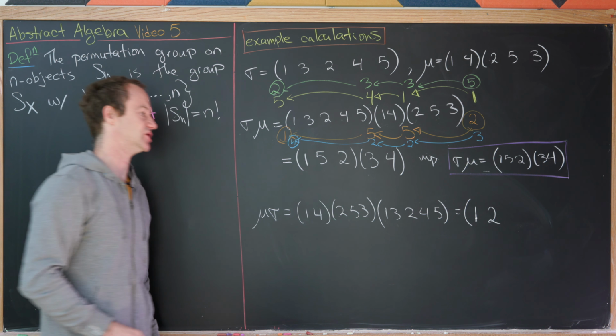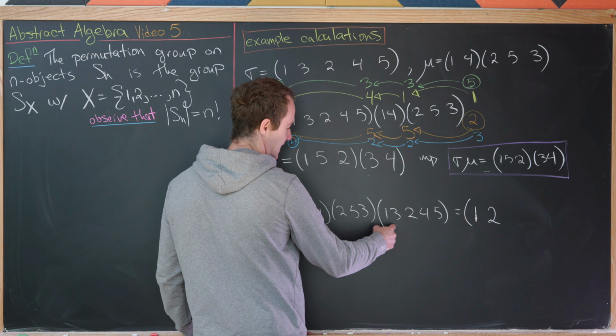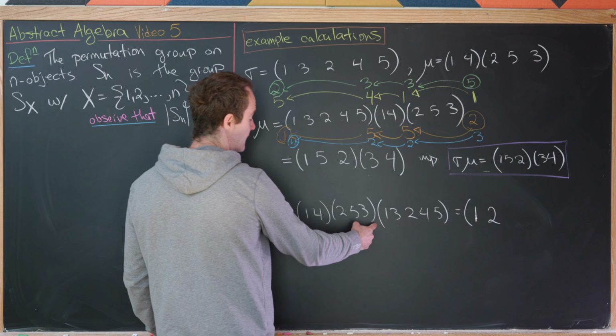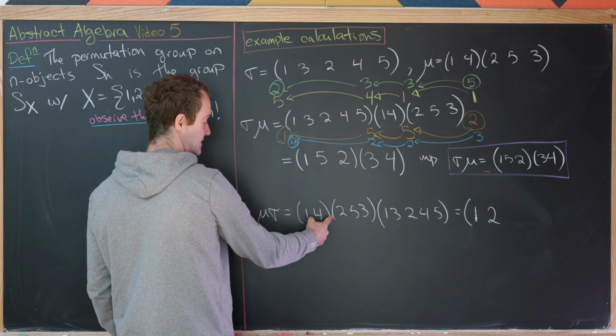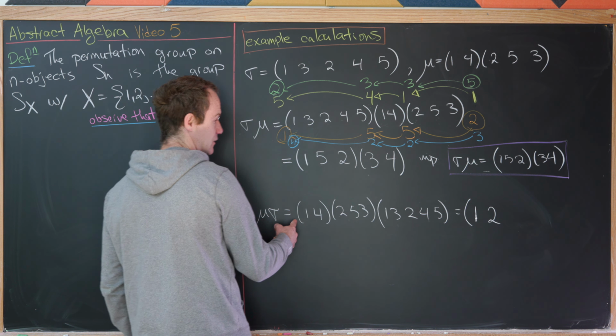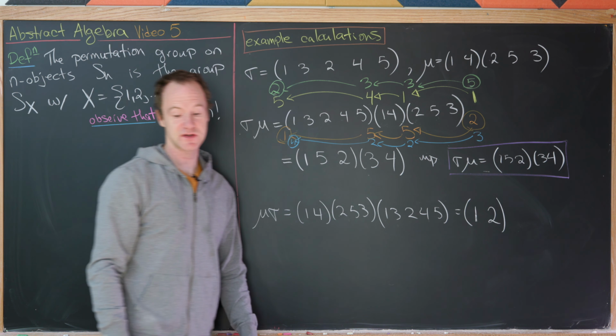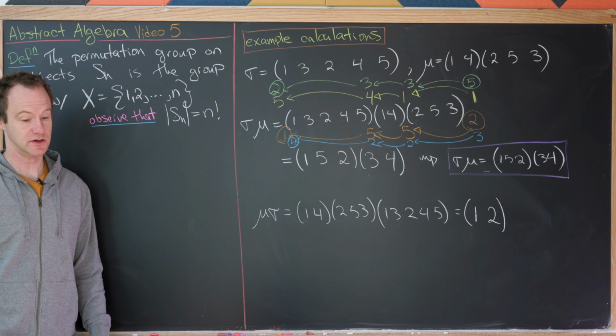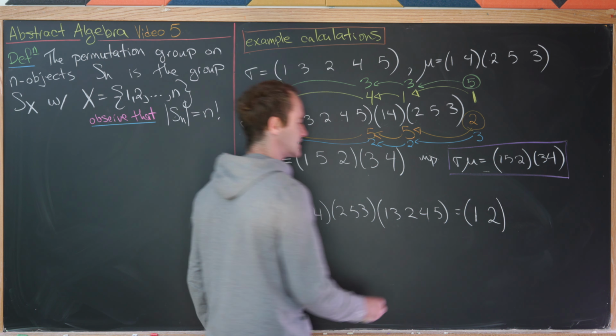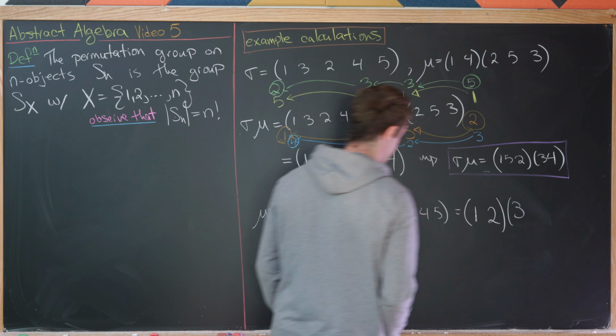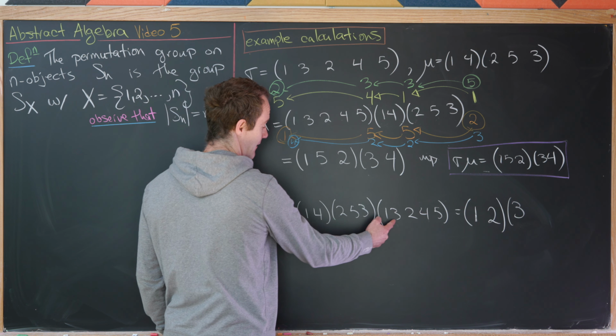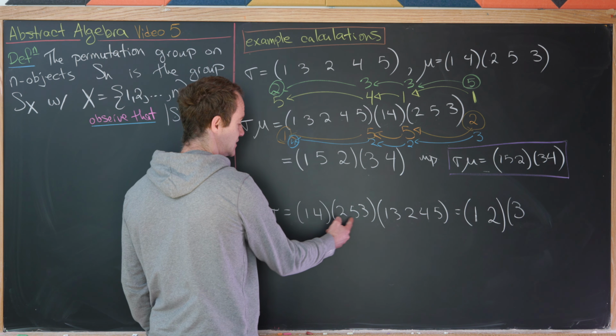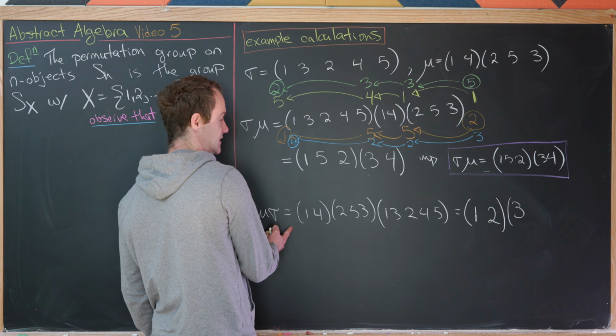Now let's move on to 2. Under this first cycle, 2 is sent to 4. 4 gets fixed in this case, and then 4 is sent back to 1. So that means we've got a 2 cycle here of 1, 2. Now moving on to the next smallest number, that will be 3. Under this first map, 3 gets sent to 2, then 2 gets sent to 5, and 5 is sent to itself.